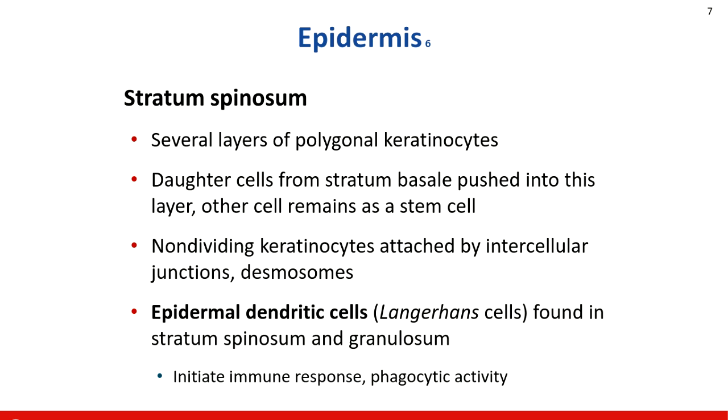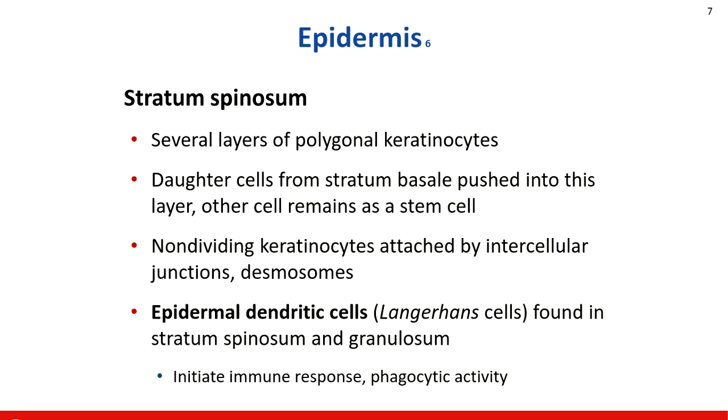The next layer up is going to be the stratum spinosum. So the stratum basale layer, those cells are constantly dividing. What will happen is, one cell will divide, and then you will wind up with 2 cells. One of those cells will stay in the stratum basale layer.